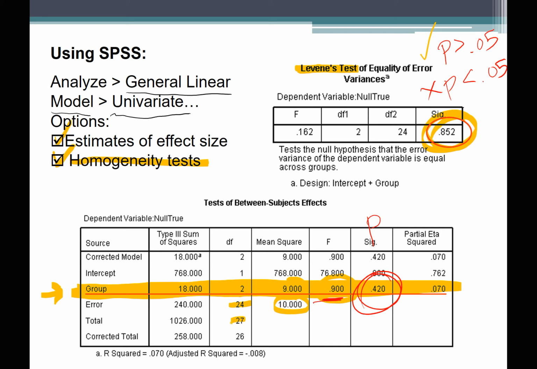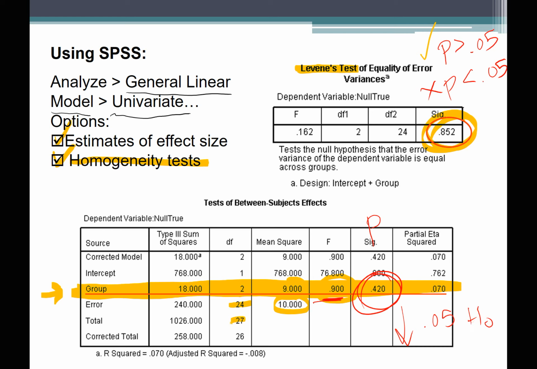So we have to ask ourselves, should we reject the null hypothesis or not? So thinking back to Snoop Dogg, if the p is lower than 0.05, then the home must go, then we reject the null hypothesis. Is 0.42 lower than 0.05? No, it's not. So we don't reject the null in this case. We would retain the null.